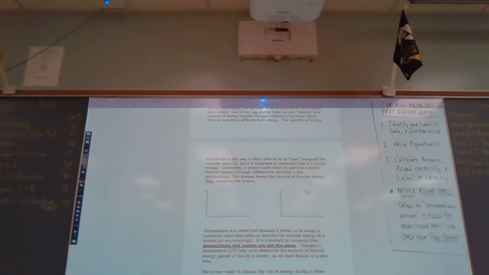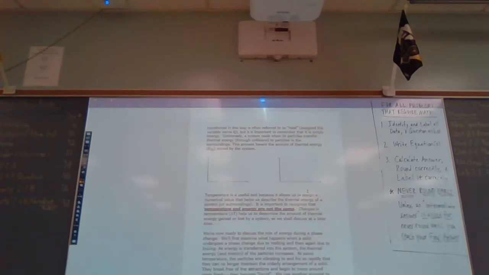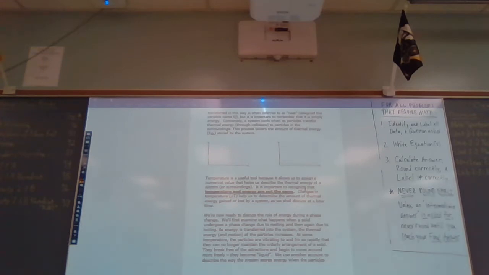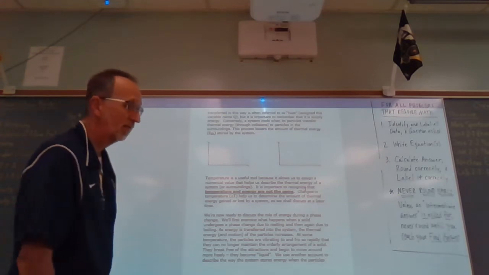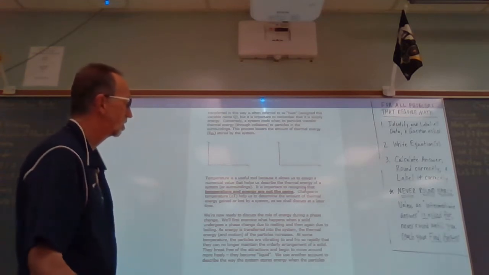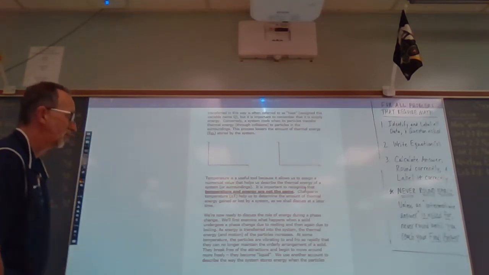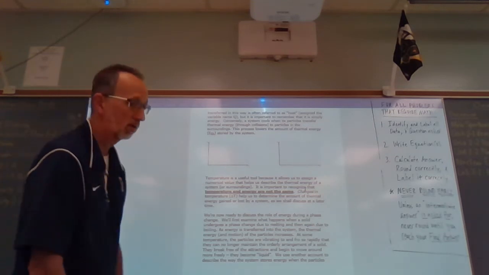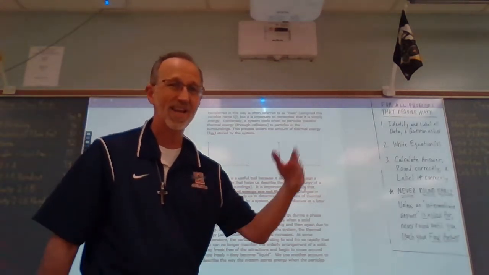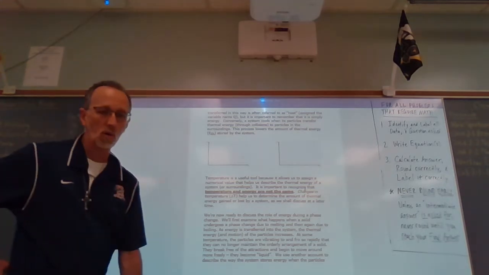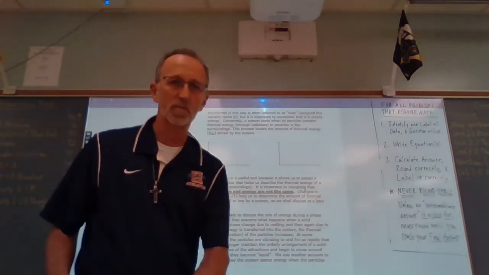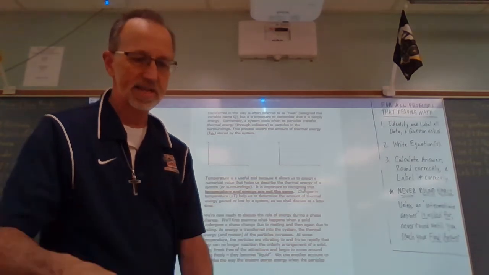The quantity of energy transferred in this way is often referred to as heat, which we assign the variable Q, but it's important to remember that it's simply energy. Conversely, a system cools when its particles transfer thermal energy to particles in the surroundings. In other words, energy is going out of the system into the surroundings. That would then lower the amount of thermal energy that a substance possesses.